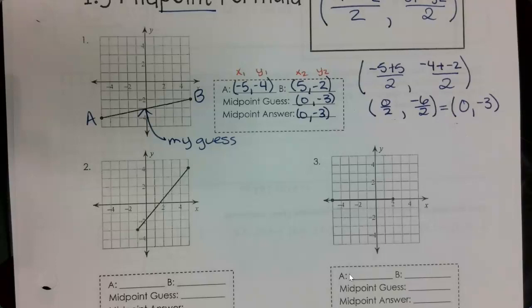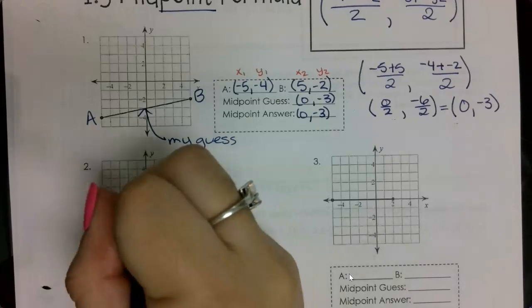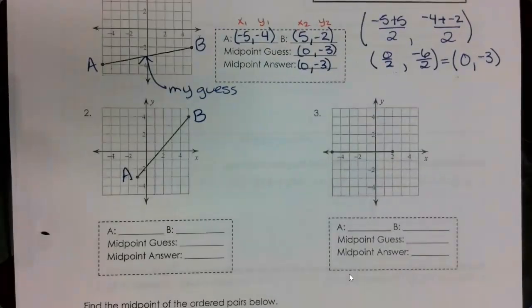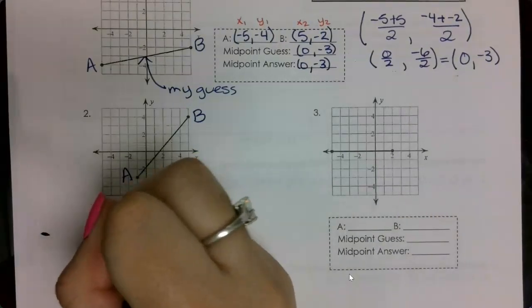Okay, so on number 2, I want to label my A and B again. What is the coordinate point of A? -1, -3.